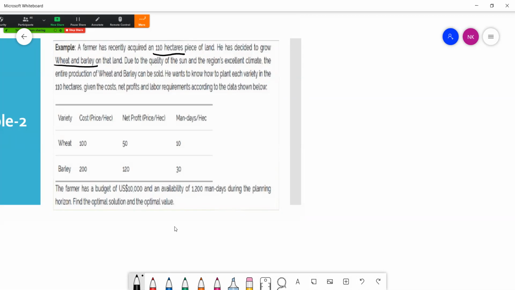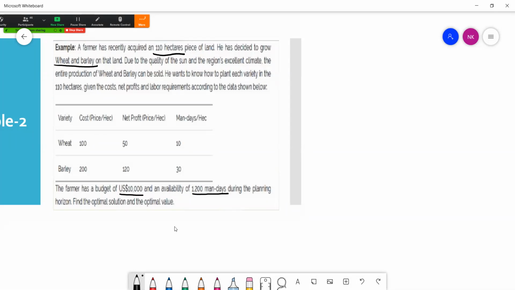He's asking us how much maximum profit and labor requirements will be given to us if the farmer has a budget of US dollar 10,000, and he has availability of 1200 man days. He has 1200 days in his hands, and he has dollar 10,000 budget, and he's asking us to find the optimal solution of how much each crop has to be grown.